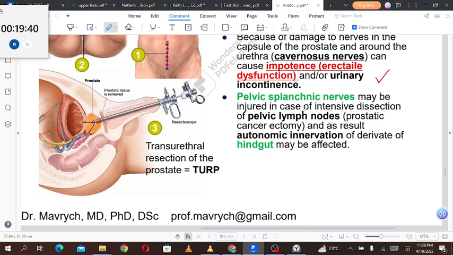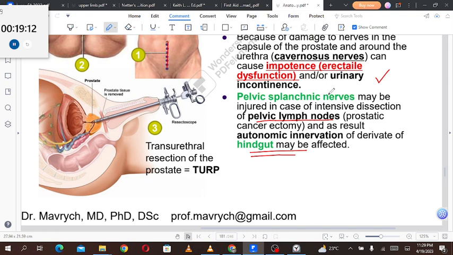Pelvic splanchnic nerves may be injured in the case of intensive dissection of the pelvic lymph nodes, as in prostatic cancerectomy, and as a result, autonomic innervation of the derivatives of the hindgut may be affected. This is not because of benign prostatic hyperplasia, because there is no metastatic potential with BPH.